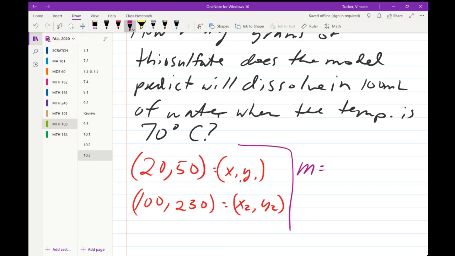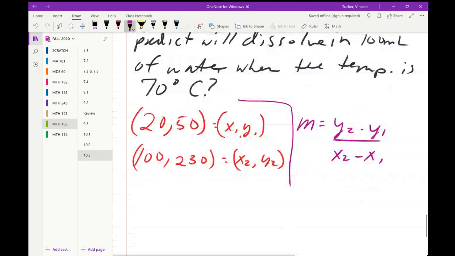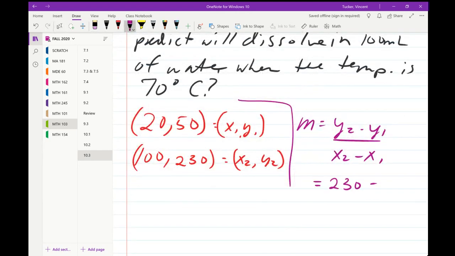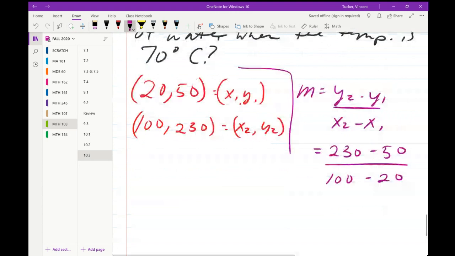My slope is going to be y2 minus y1 over x2 minus x1. Y2 is 230, y1 is 50, x2 is 100, x1 is 20.